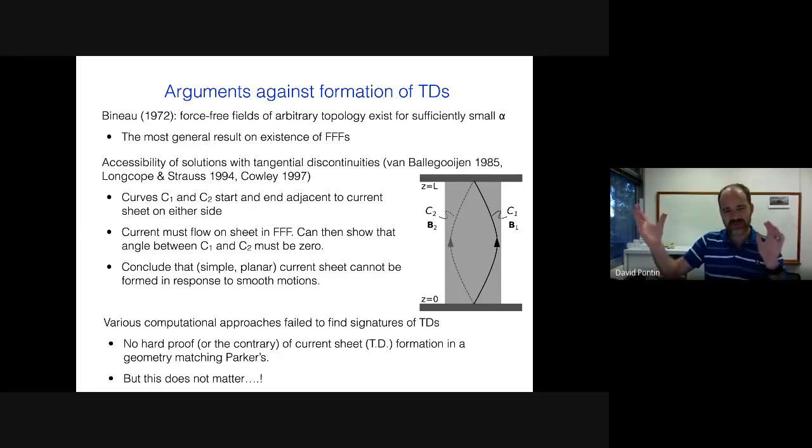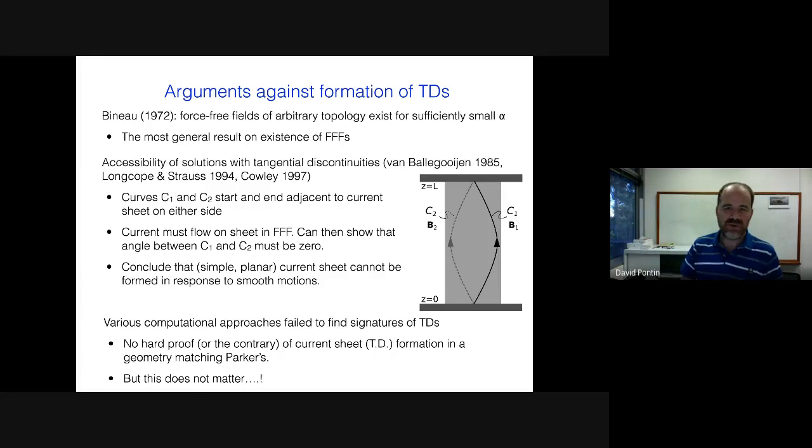There's got to be lots of force-free fields with a non-smooth structure, and so the question is, can those be accessed in this geometry that's imagined by Parker, which is kind of consistent with the corona? That is, we start with a smooth field and we apply only smooth motions on the boundaries.